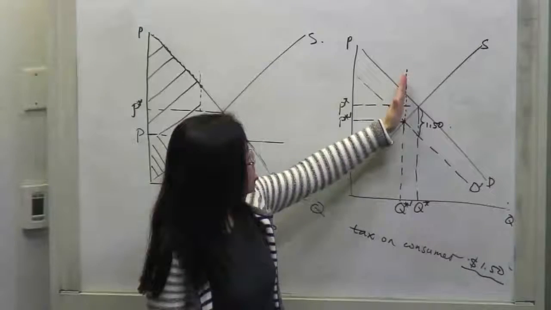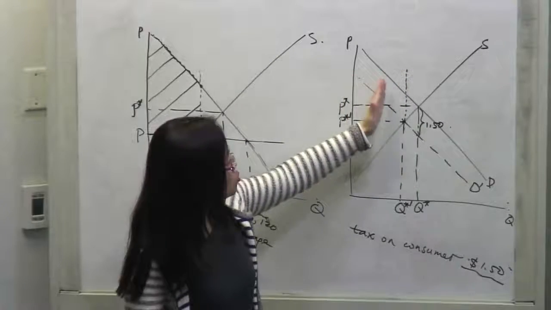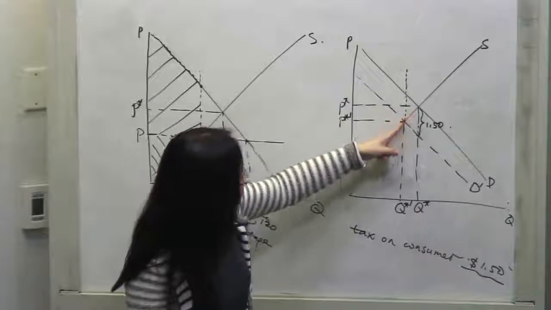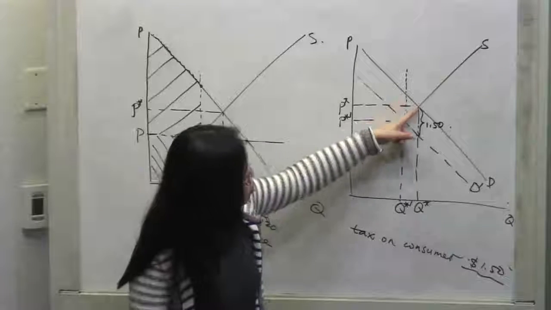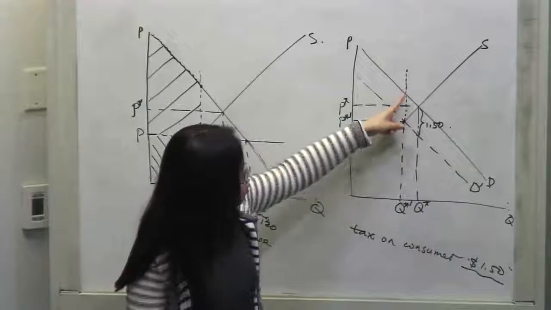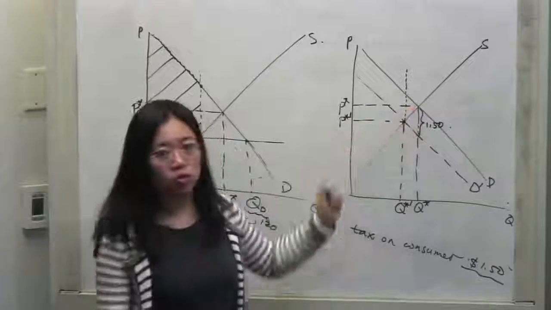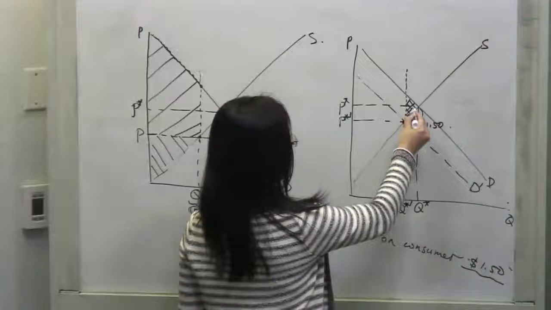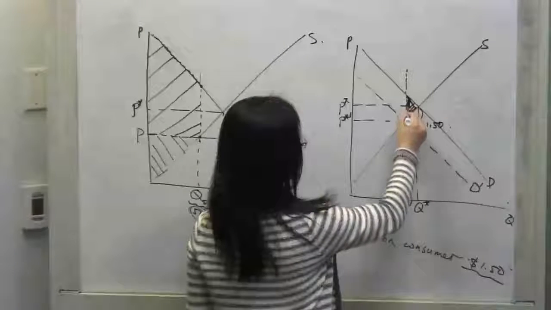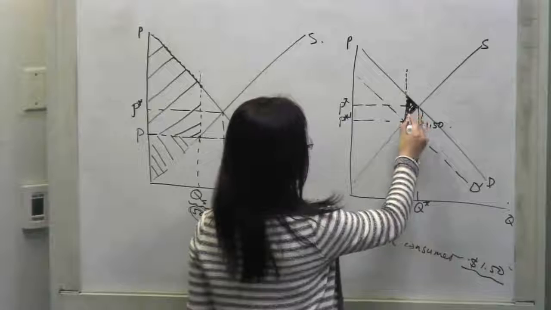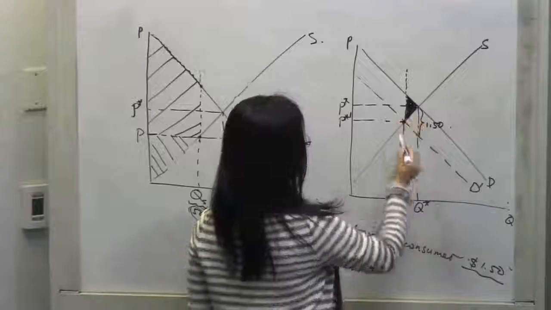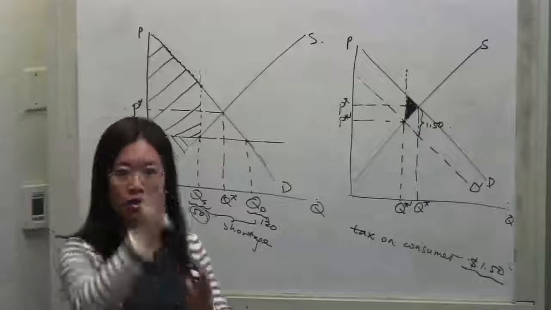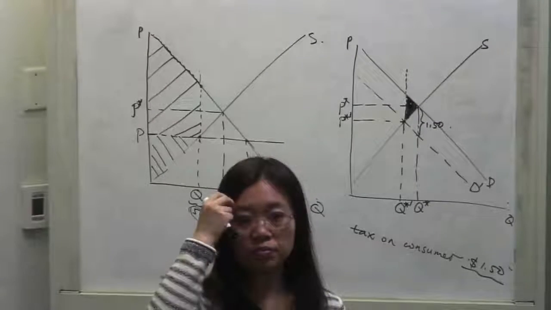Because I told you anything only on the left side is relevant to the consumer surplus or producer surplus. This area will not be included in the social welfare, but it was included in the social welfare before, right? So right away, you know this is the deadweight loss. Without doing anything, just draw this straight line. You know this is the deadweight loss because that is the area on the right side of the quantity traded. So now we found the deadweight loss.